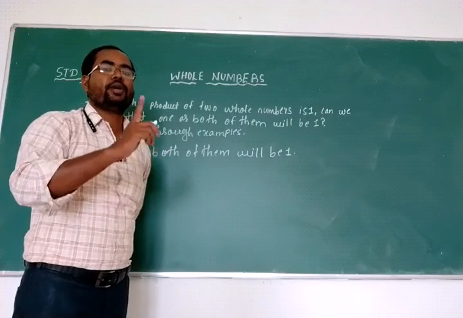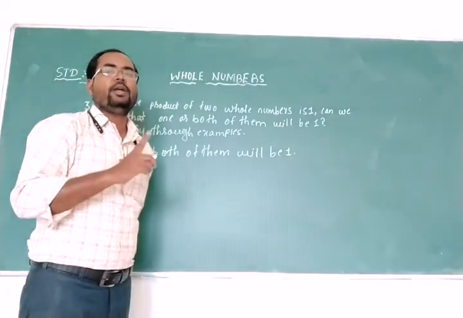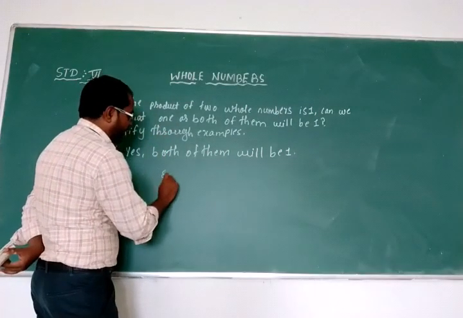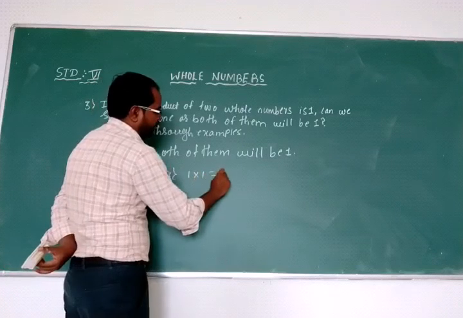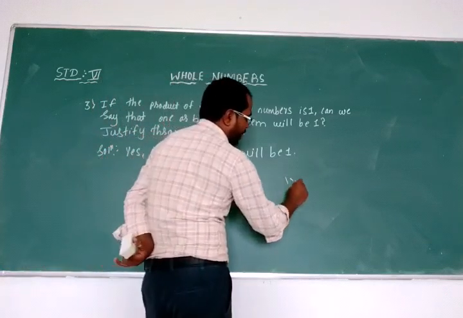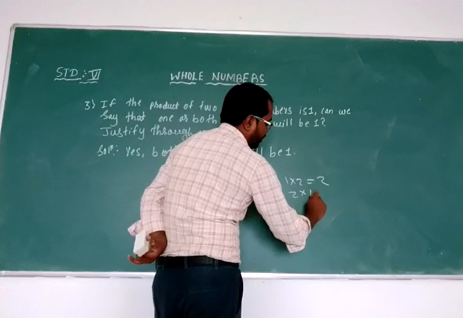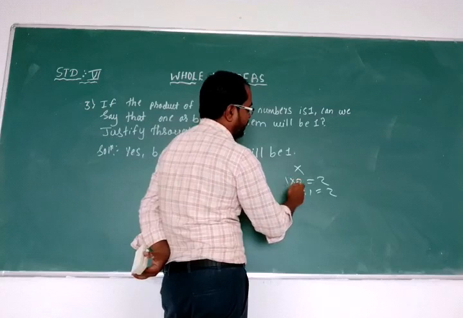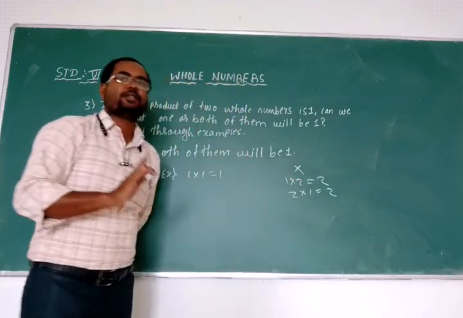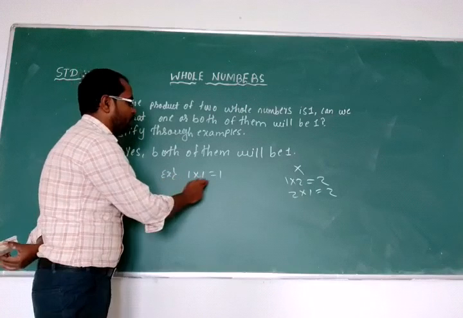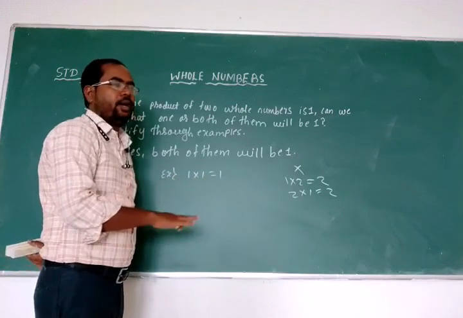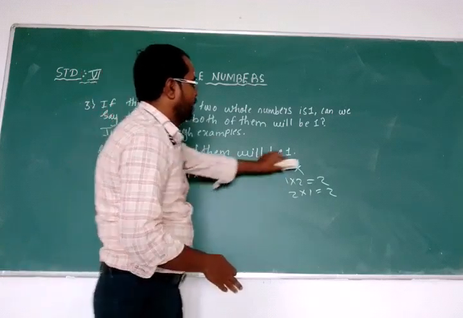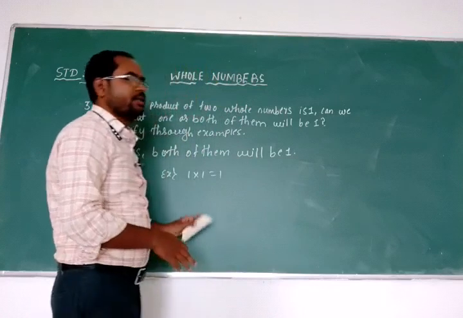To get a product of 1, you have to multiply 1 into 1. If you take another number, 1 into 2 becomes 2, or 2 into 1 becomes 2. There is no chance of getting 1 when one number is 1 and the other is different. So the only possibility is 1 into 1 is 1. Both of them will be 1, then only you will get a product of 1.